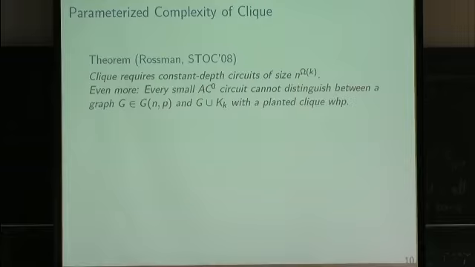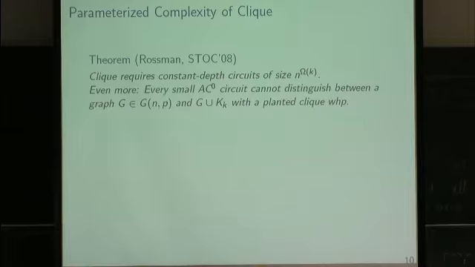So what is known about the parameterized complexity of clique? There is a very important result by Rossman some years ago that shows that clique is hard for constant depth circuits, and more precisely he shows that you need AC0 circuits of this size to decide clique.